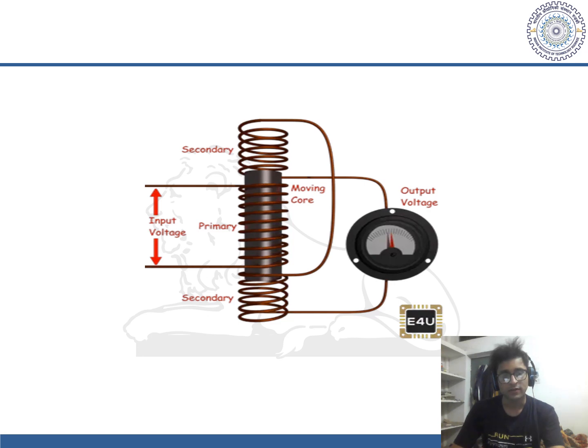These two coils are the secondary coils, and in the middle is the primary coil, which is wound on the solenoid or moving core, which is moved inside the hollow cylindrical shaped coils from up to down or from left to right, and the displacement of this inner core produces the change in the flux, which we will show on the later slides.